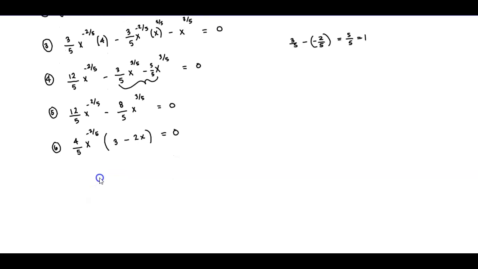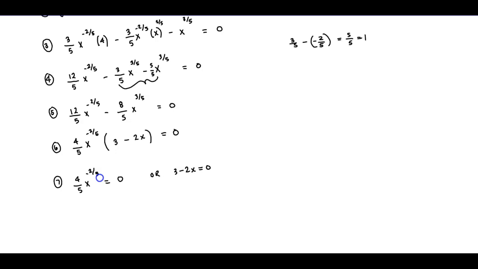So now we're going to set these equal to 0. So we have 4/5 x to the negative 2/5, and that's equal to 0. And so, or we have 3 minus 2x, which is equal to 0.